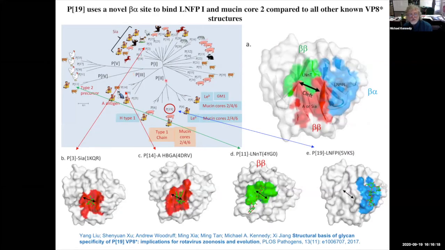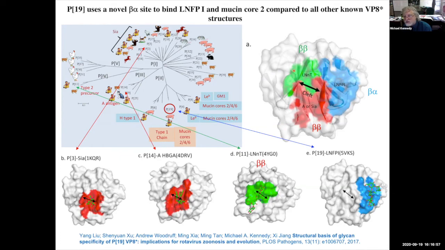And so this just summarizes our crystal structure data and our NMR-based mapping data, showing that here, again, this genotype binds the glycan in a different location than either, in this case, P14, which was of genogroup P3, or P3, which was genogroup 1, or here we have P11, which was genogroup 4.